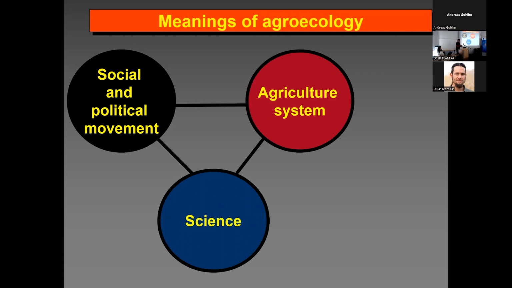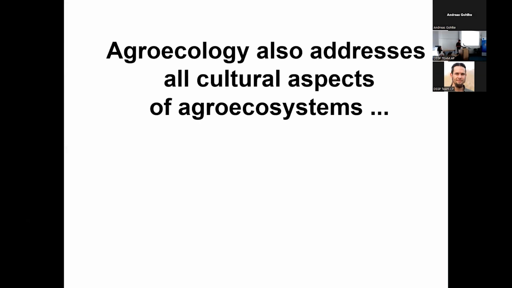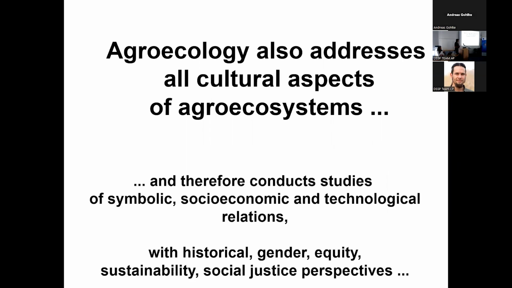But I propose to my colleagues to consider agroecology also as a symbol system, a symbol tissue. And so agroecology addresses all cultural aspects of the agroecosystem and therefore conducts studies of symbolic, socioeconomic, and technological relations, with, obviously, historical, gender, equity, sustainability, and social justice perspectives.